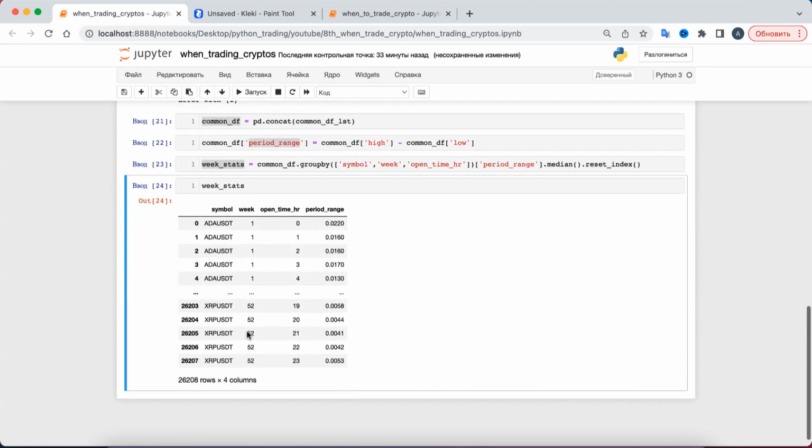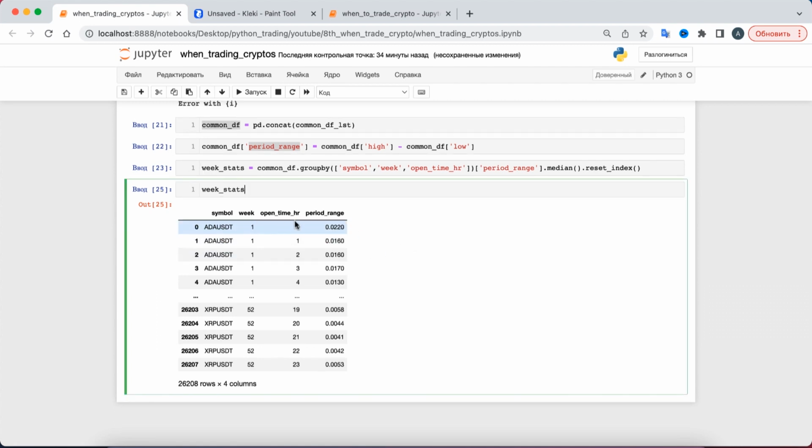What we have: the week starts here, and period range is the median period range during the week, because every week we have 7 midnight periods, 7 1 a.m. periods, and so on.